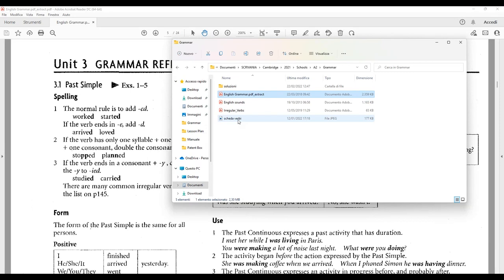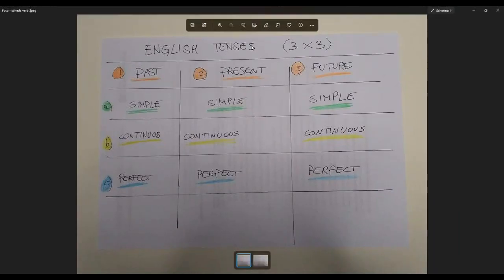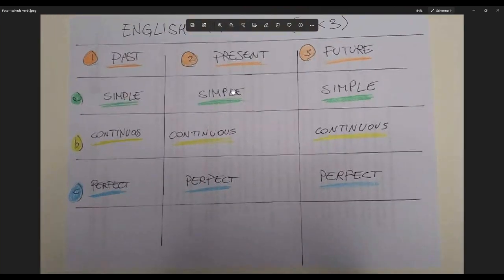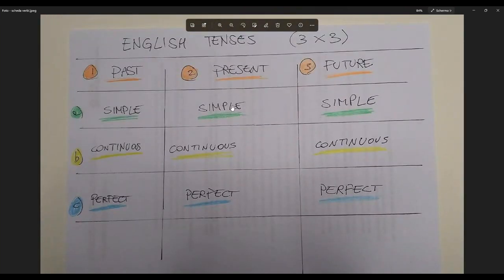Remember, I also showed you that we had a verb chart, a tense chart, however you want to call it, was this one, where we said that the 3 tenses were past, present, and future, and all verbs were simple, continuous, or perfect.